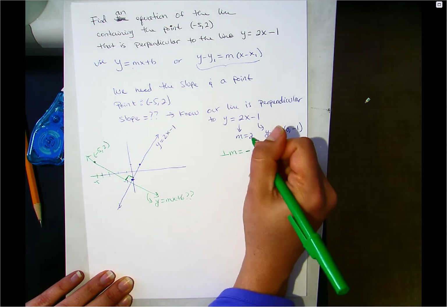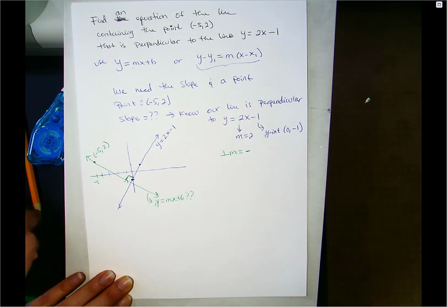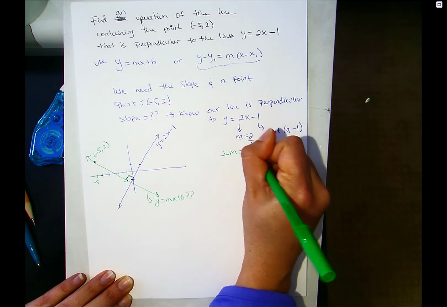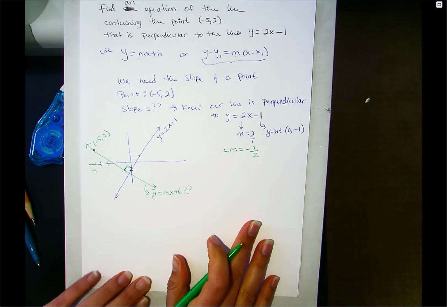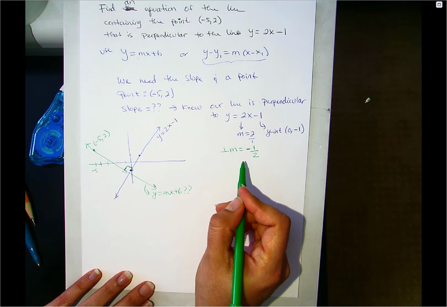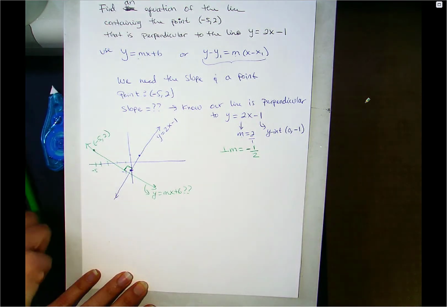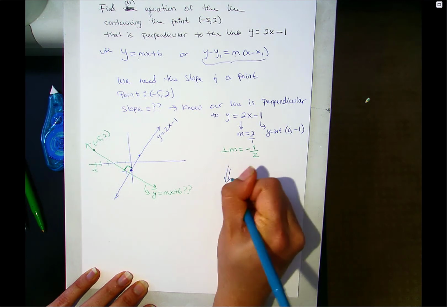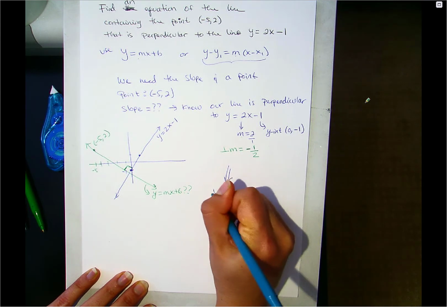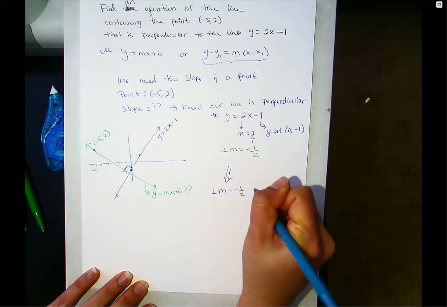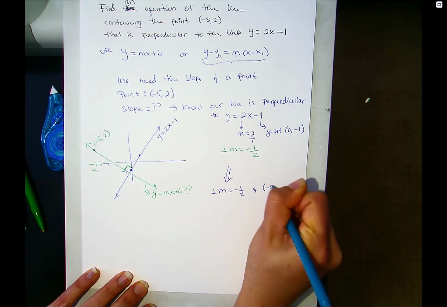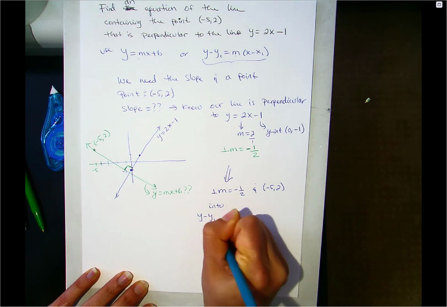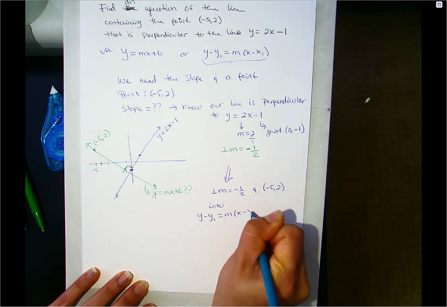This is 2 over 1, so this will be -1 over 2. So now I have the slope. So back to my equation, I can use my perpendicular slope -1/2, and I can use the point -5, 2 in y minus y1 equals m times x minus x1.